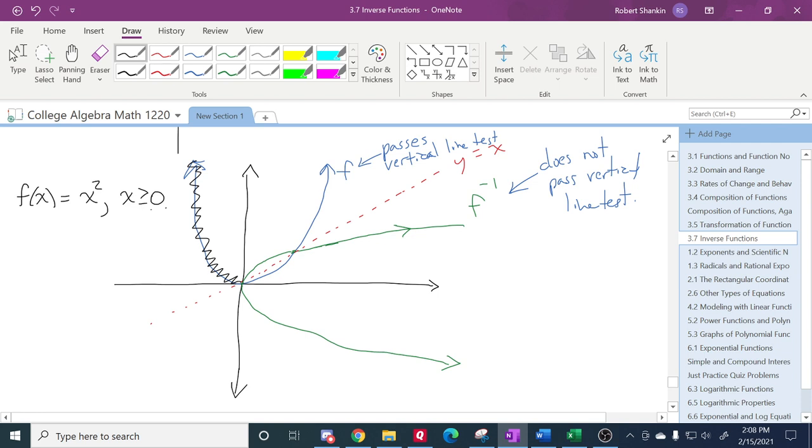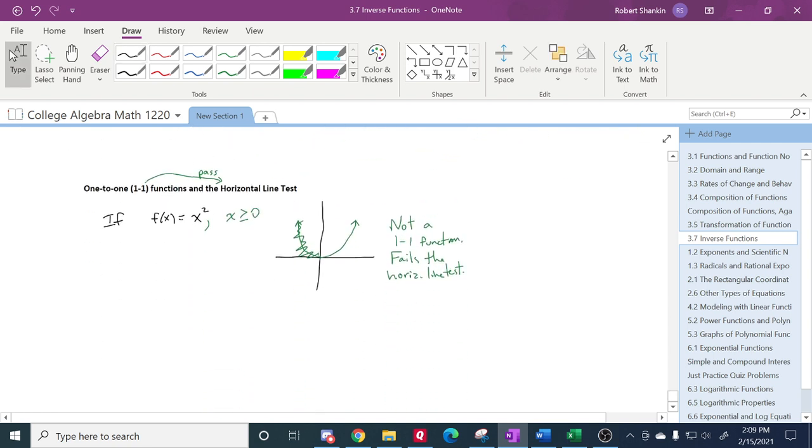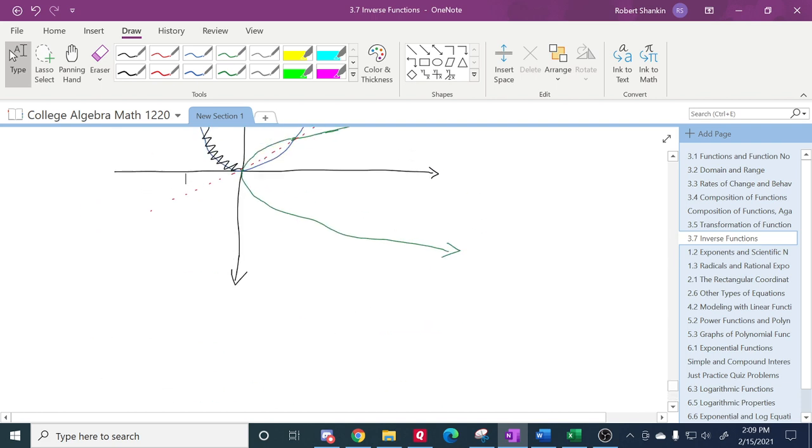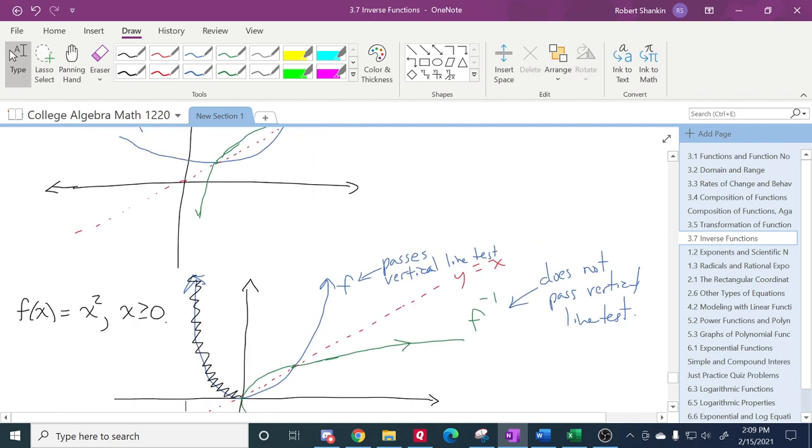Now, when we restricted it, we turned f, which was not a one-to-one function, into one. A one-to-one function passes the horizontal line test. And this function, in its original form, did not pass the horizontal line test because a horizontal line hits it more than once.